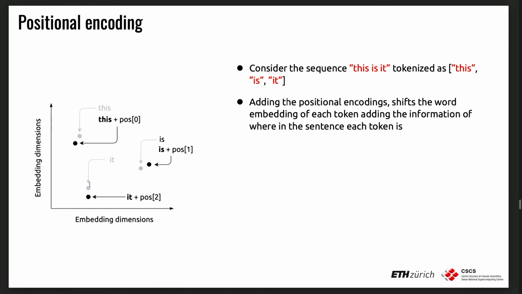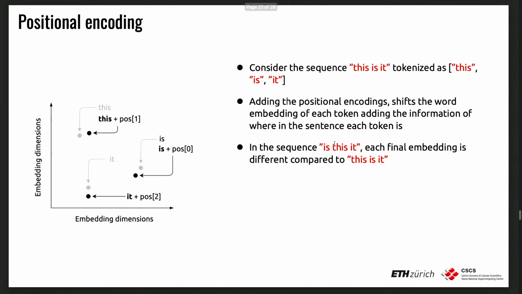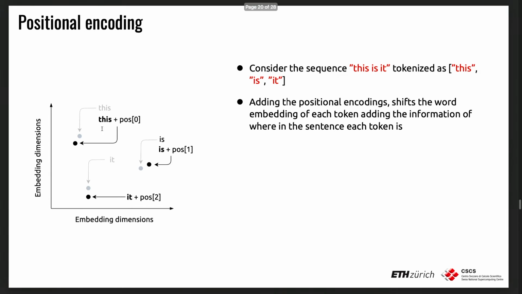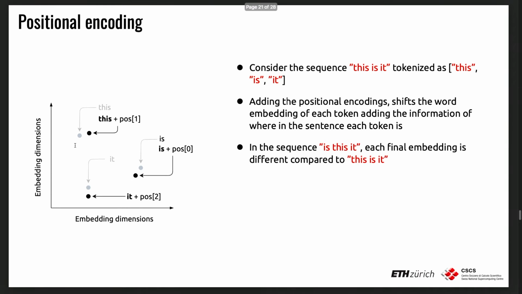But if we consider this sentence now, "is this it?", that now has a completely different meaning. It's more like a question, even if it doesn't have the question mark at the end. So now, if we compare, before we added position 0 to this and it shifted like this, and now this is position 1, and adding the vector of position 1 is going to shift it up.